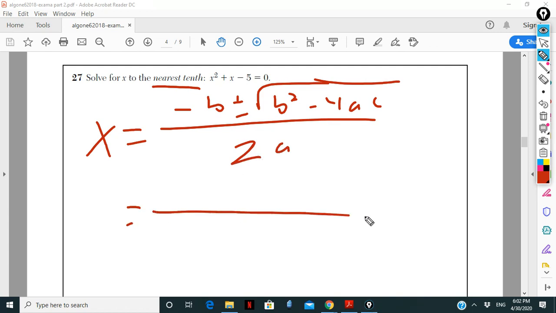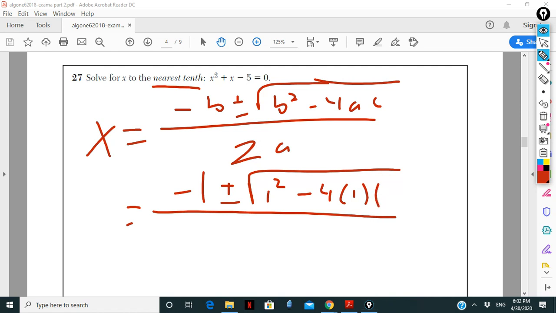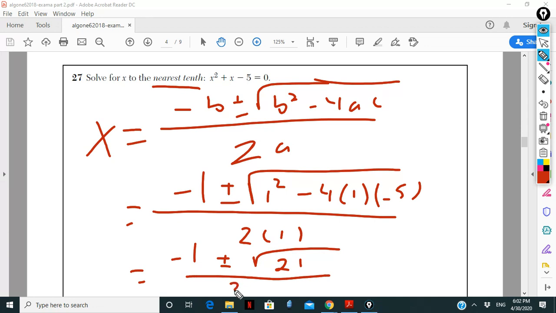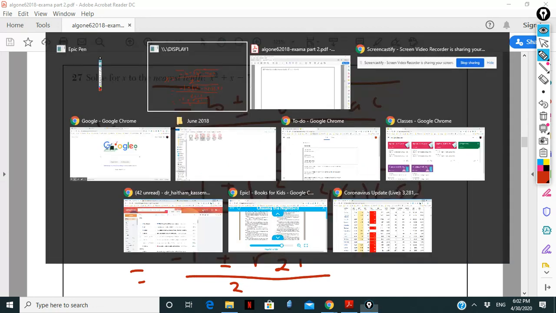In that case, it's -1 plus or minus the square root of 1 squared minus 4 times 1 times -5, divided by 2 times 1, which is going to be -1 plus or minus the square root of 21 over 2. After that, I use a calculator to find it to the nearest tenth.